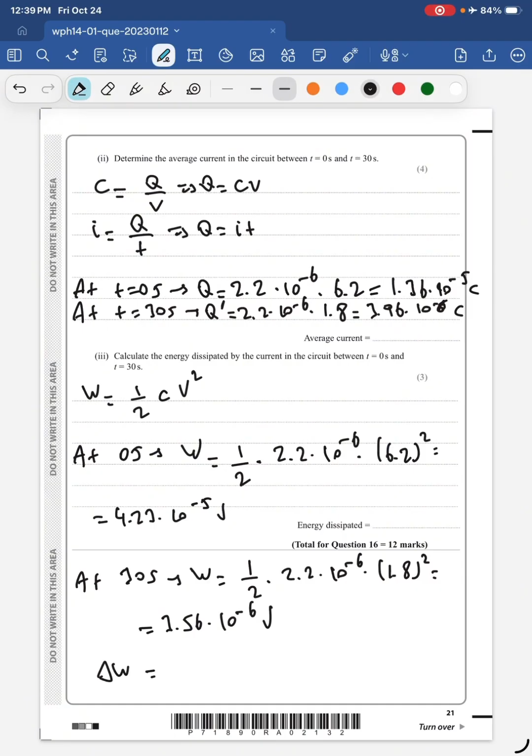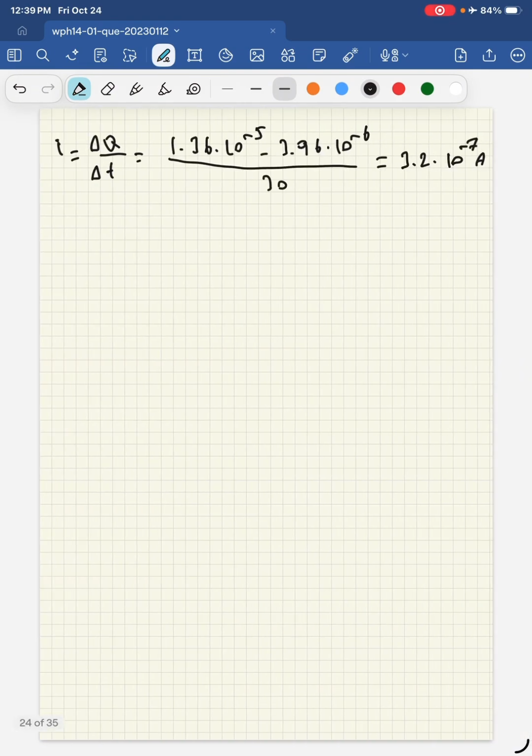So delta W is the difference between these two, which is 3.87 times 10 to the negative 5 joules, where you subtract these from these pretty much. Wow, this is a difficult paper, guys.